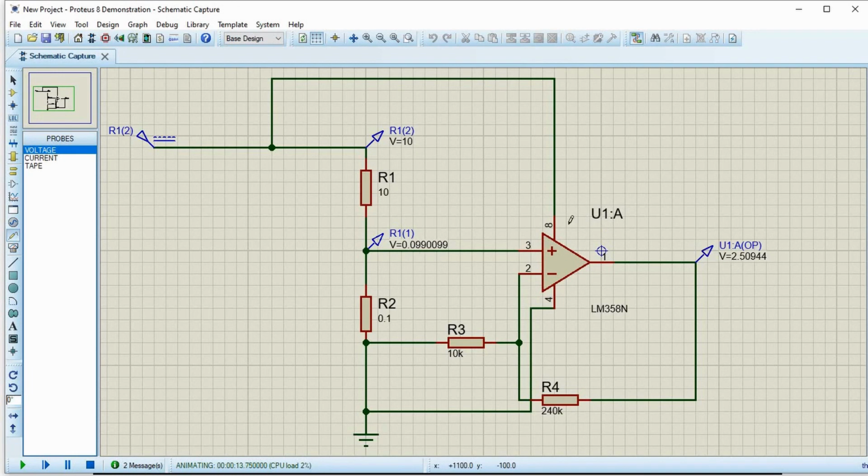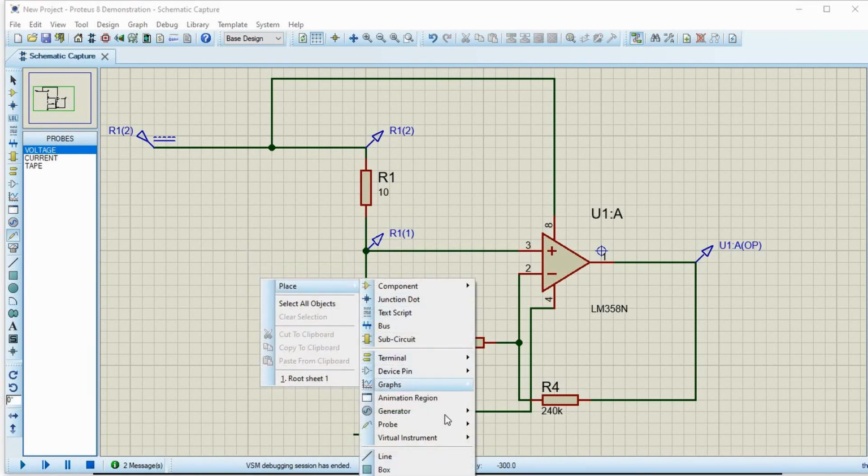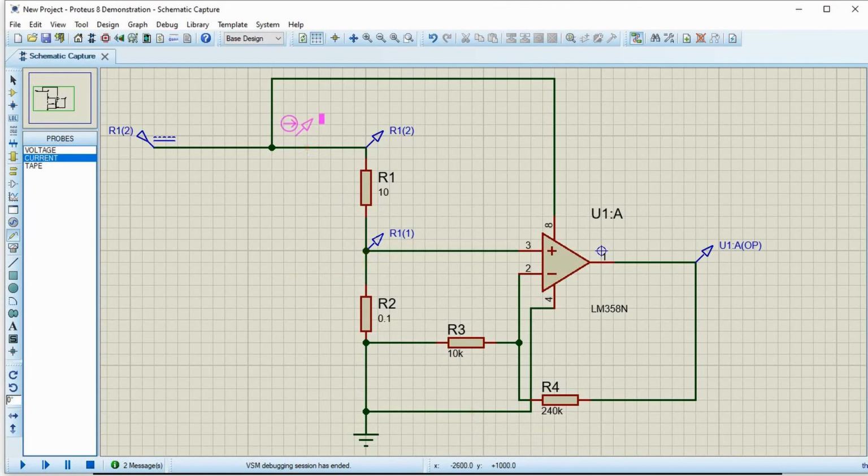Basically, you are amplifying this. Now, this point you can give to a microcontroller or your sensing circuit and use this voltage to find out what is the current here. So when the current is varying from 0 to 1 amp, let's check out the current also. Let me put a current probe. Yeah, the current is close to 1 amp.